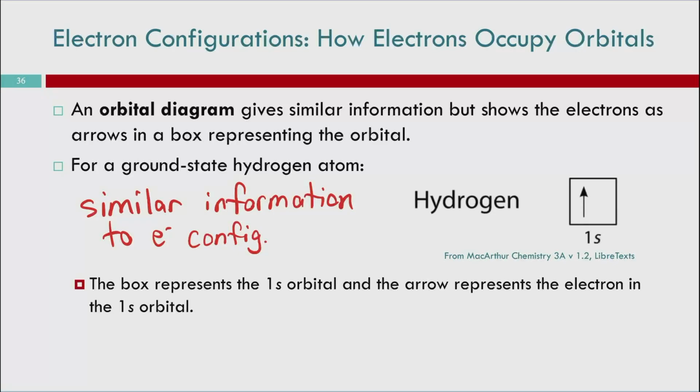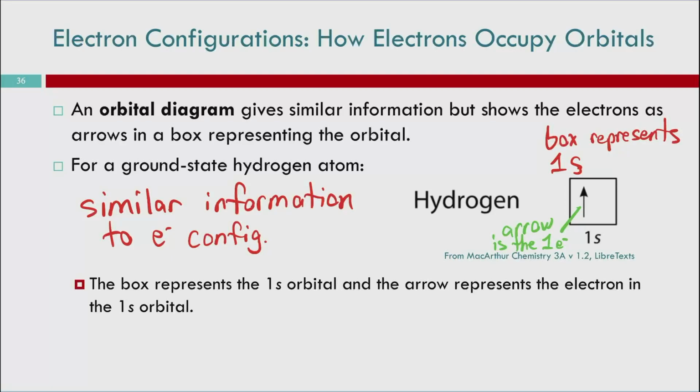We're showing our electrons as arrows. We've got a box that represents our 1s orbital. The box represents the 1s, that's why we've got the 1s underneath it. And the arrow is the one electron.